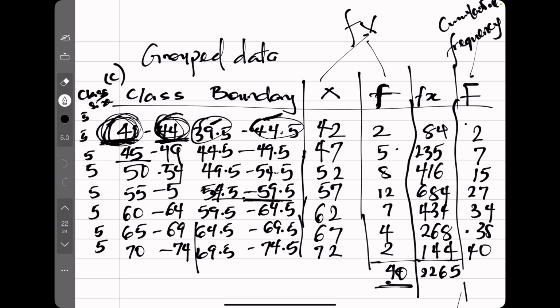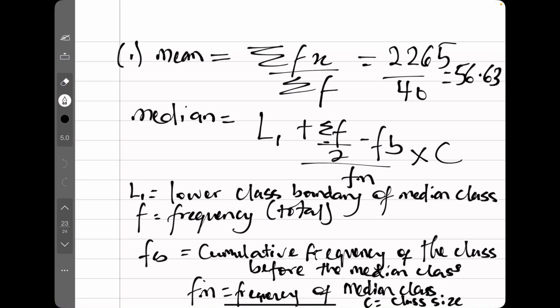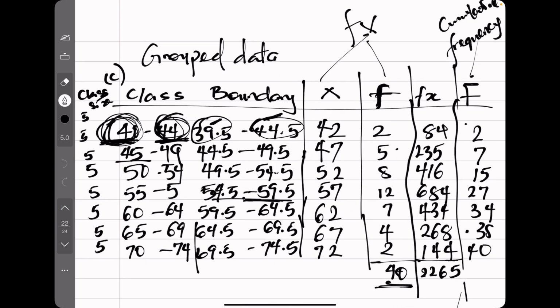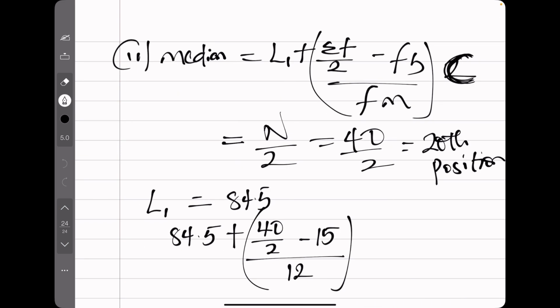And the FM, that's the frequency of the median class, is 12. So FB is the cumulative frequency, which happens to be 15, over FM, the frequency of the median class, as seen here, which is 12. Then our C, as we said, is 5.